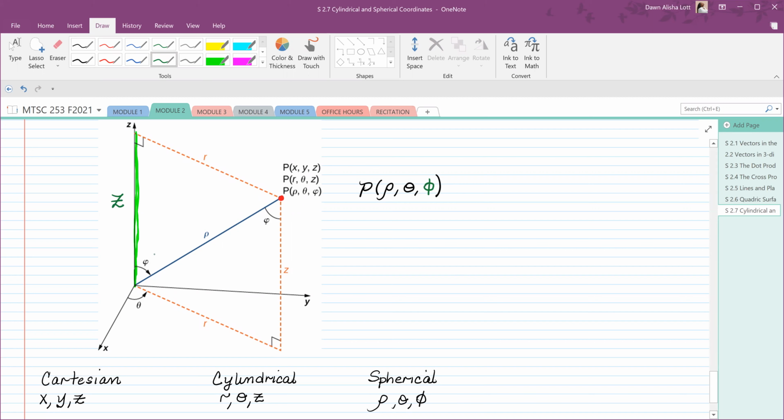I know this angle is phi. And I know this is rho, and it is the hypotenuse for the angle phi.